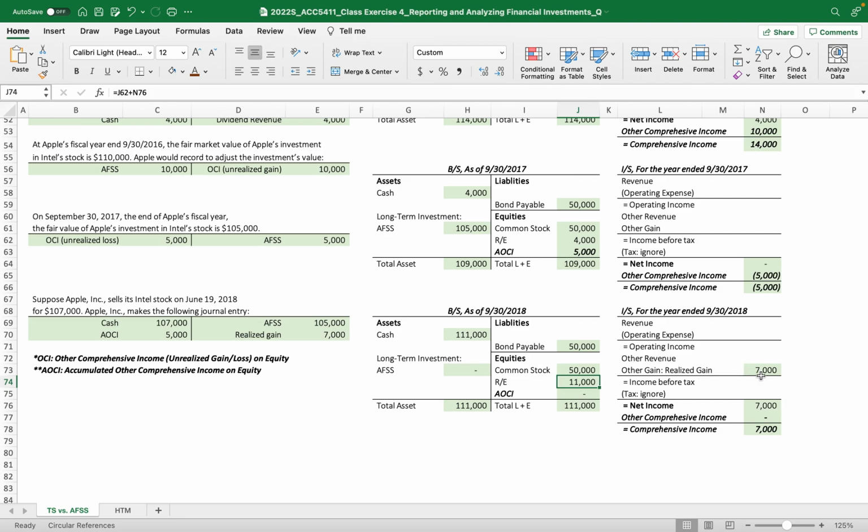Or there is some chance that hidden unrealized gain turns into realized gain sooner or later. That increases the net income. If the company increases net income in a specific period or year, the stock price can increase, right?